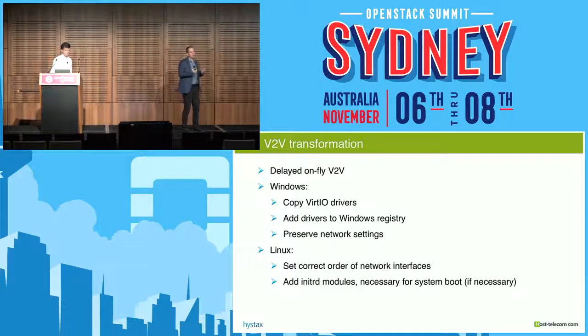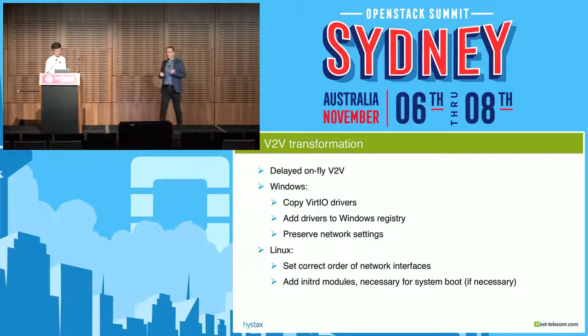If you have more than one network adapter, the order in which KVM and ESX apply them is different. So to preserve network settings, we have to do some reconfiguration, and inject network adapters into the same virtual slots. This is what we did here.